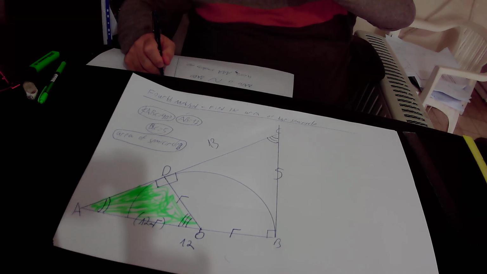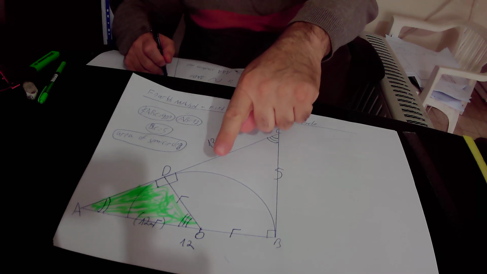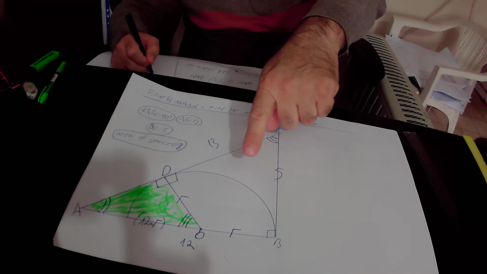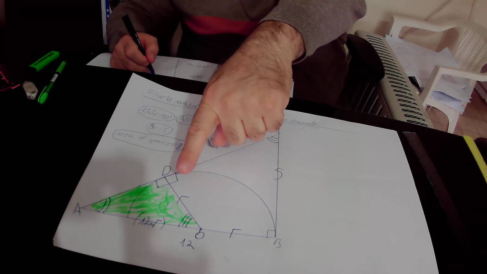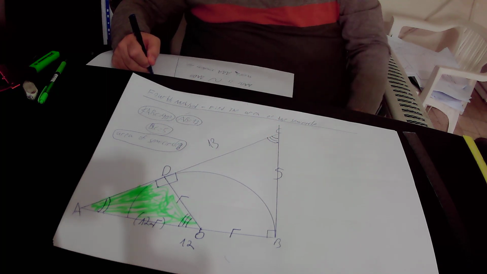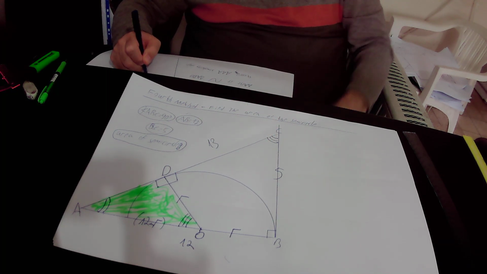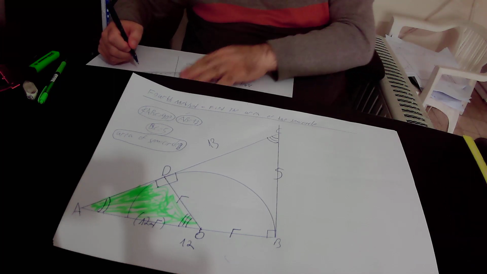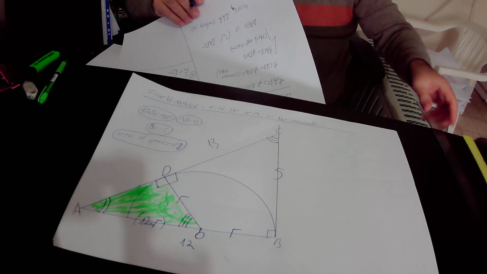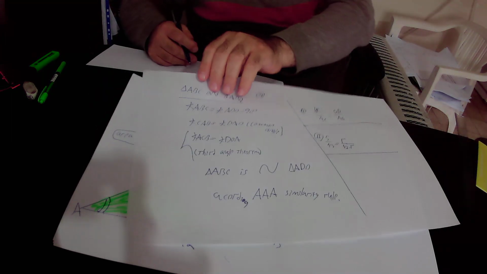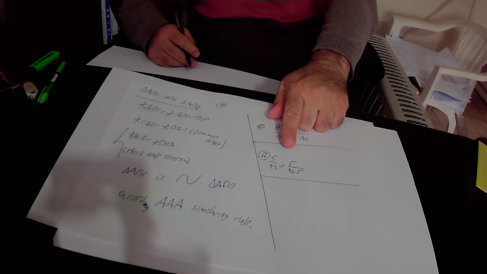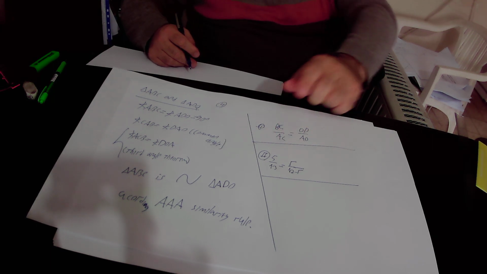And OD is the radius of the semicircle, that is to say it equals R. And OA, we have already found out that OA or AO equals 12 minus R. So in conclusion, we found out that 5 over 13 equals R over 12 minus R.